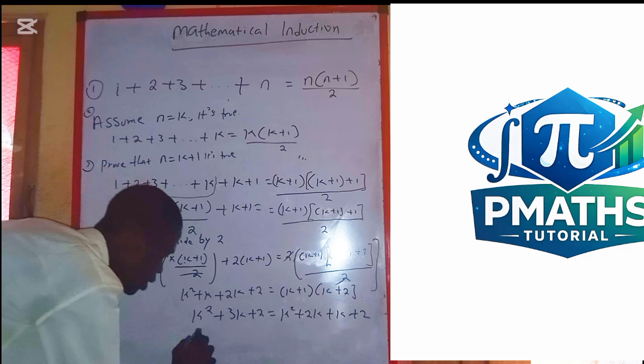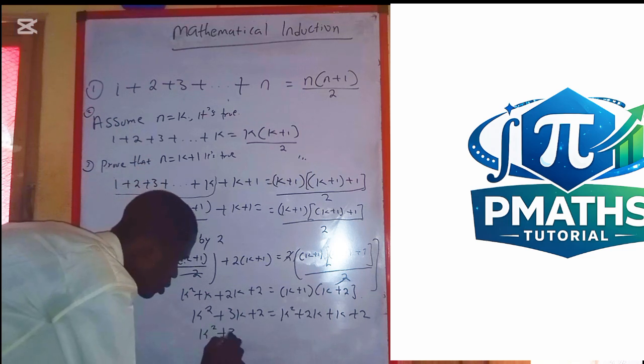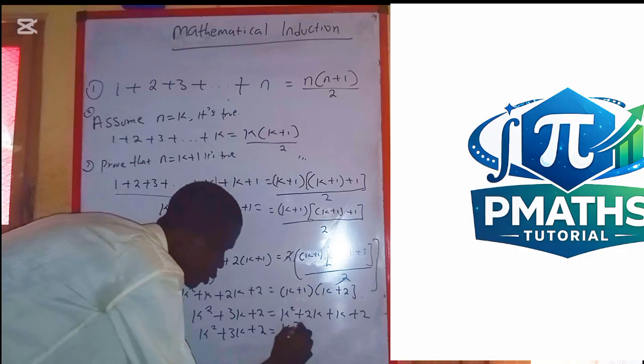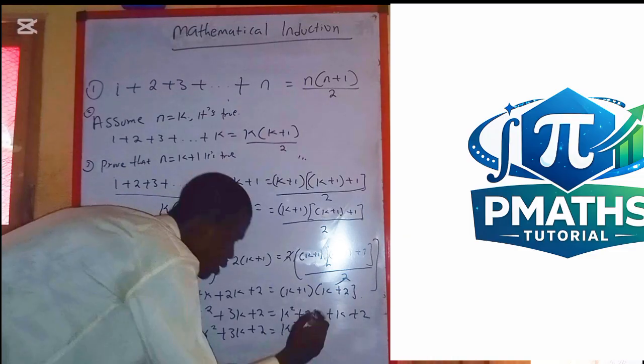So k squared plus 3k plus 2 is equal to k squared plus 2k plus k, that's 3k plus 2.